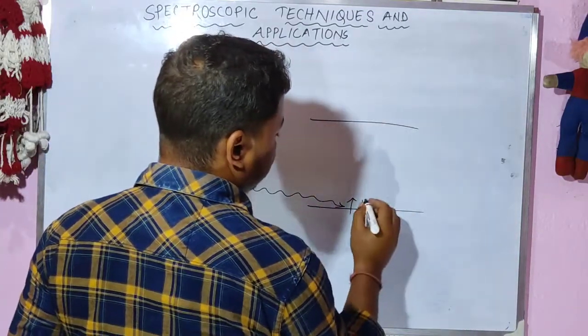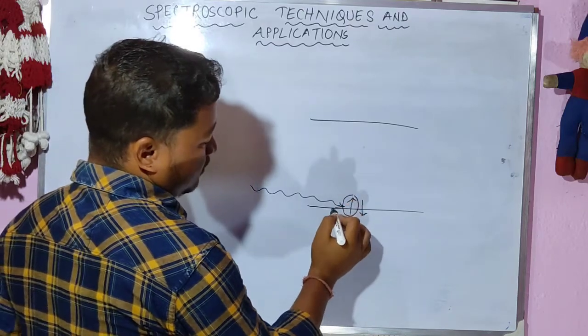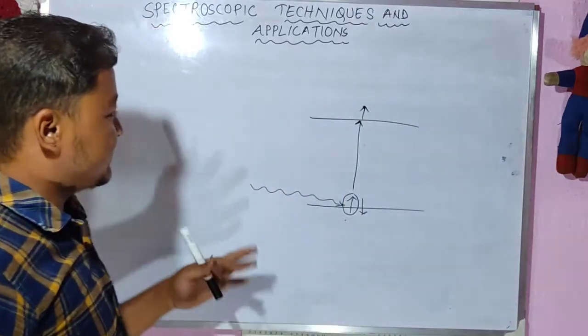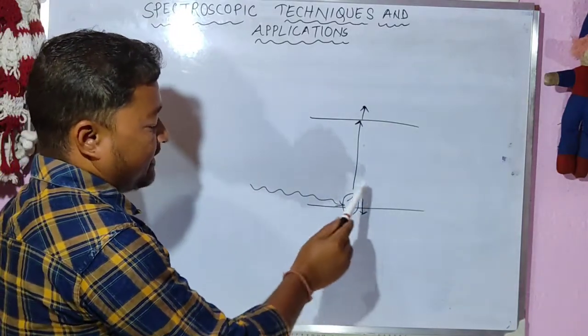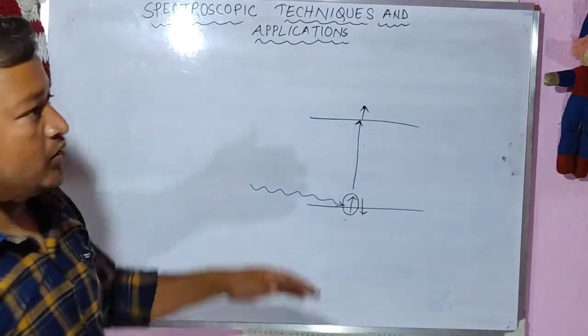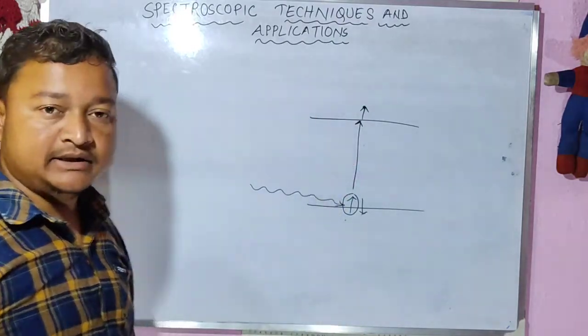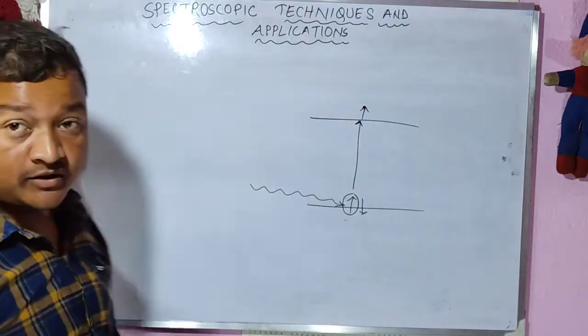The electron gains energy and goes from a lower energy level to a higher energy level. This is the main theme of spectroscopy.